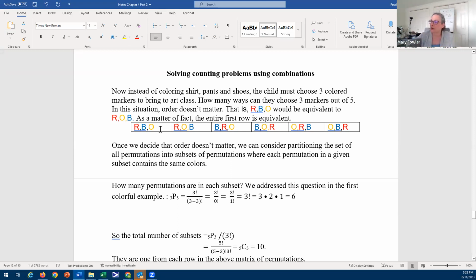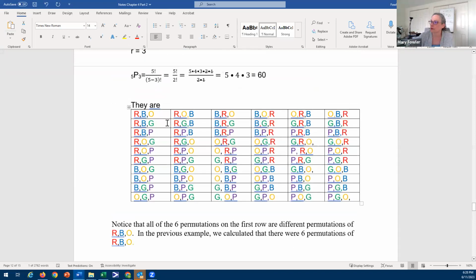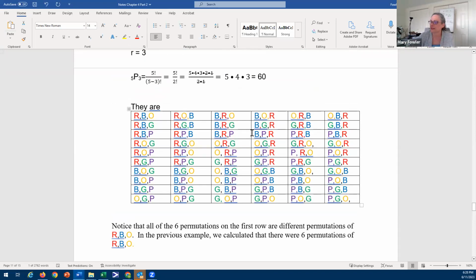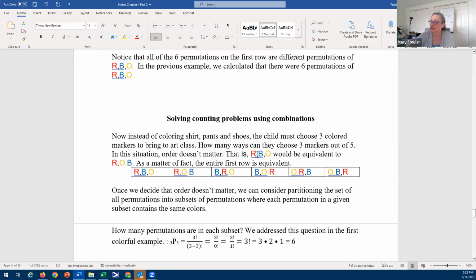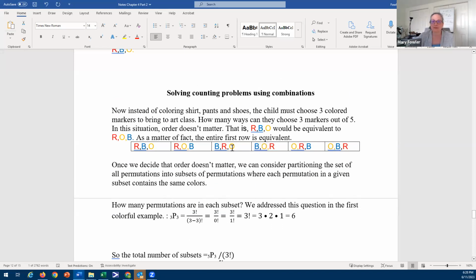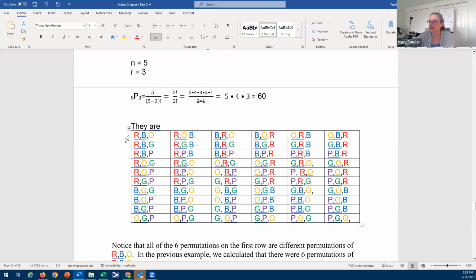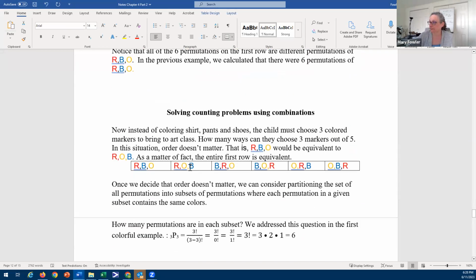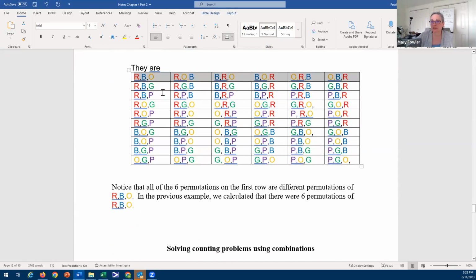So in this case, that whole first row, where there were 6 permutations in that row, they're basically equivalent. They all come down to red, blue, orange. So once we decide that order doesn't matter, we can consider these 60 permutations, and we could break them down into each row.